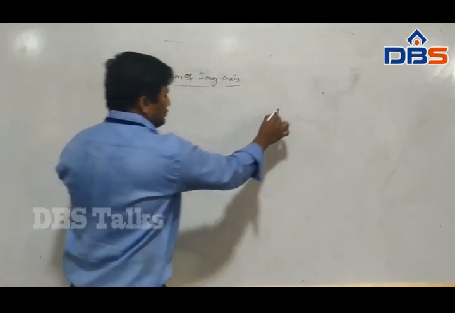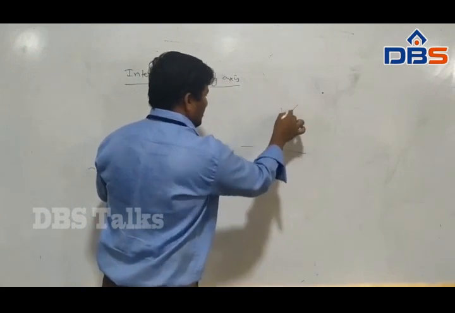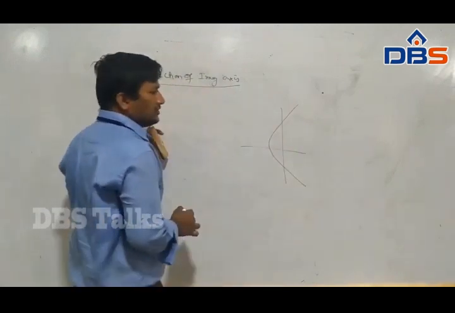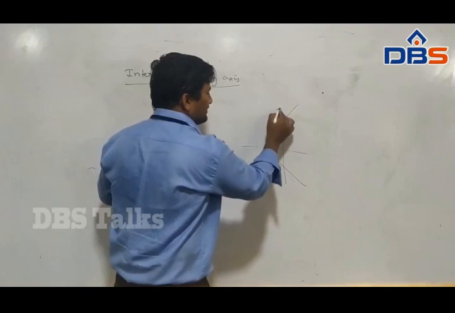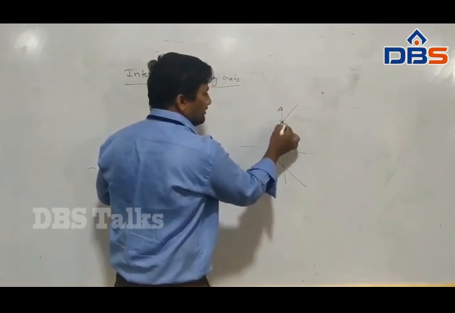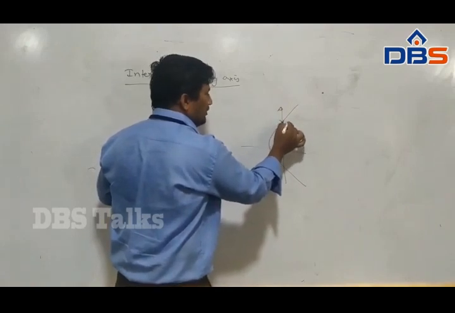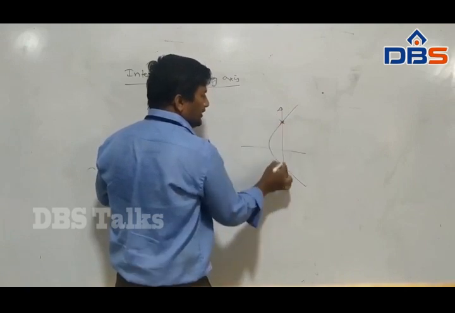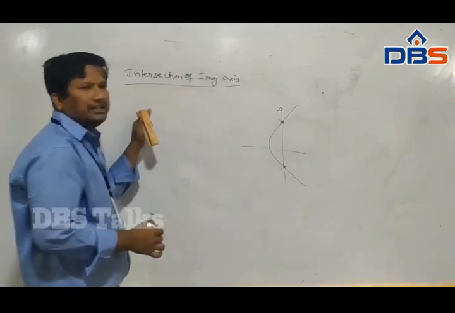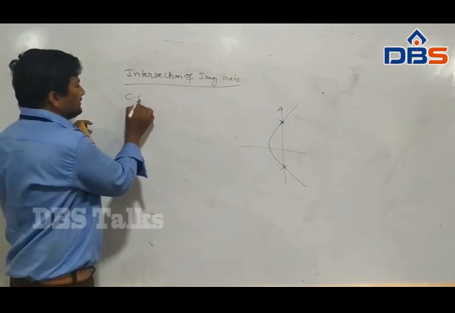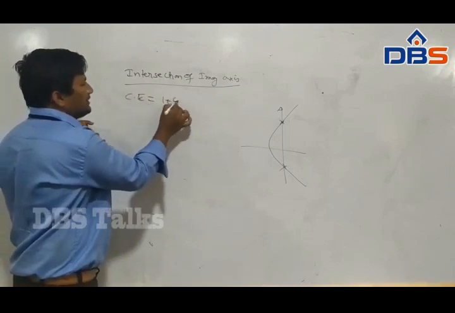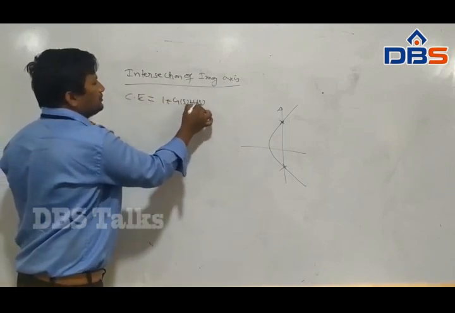Why? Because the root locus sometimes may cross the j omega axis, like this. So the root locus may cross the j omega axis, and we have to calculate this crossing point and this crossing point. Generally we take the characteristic equation 1 plus G(s)H(s) equal to 0.